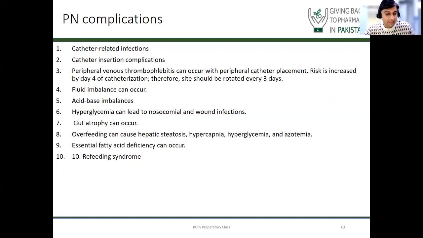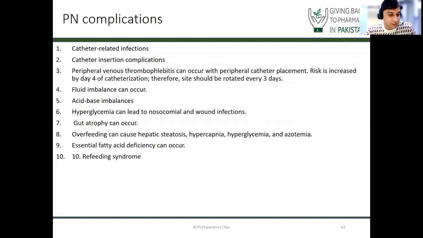Overfeeding has its own drastic consequences like steatosis, hypercapnia, hyperglycemia, and azotemia. So do not overfeed. Essential fatty acid deficiency can occur in patients who do not have fatty acids in the TPN formula for more than 2 to 3 weeks.